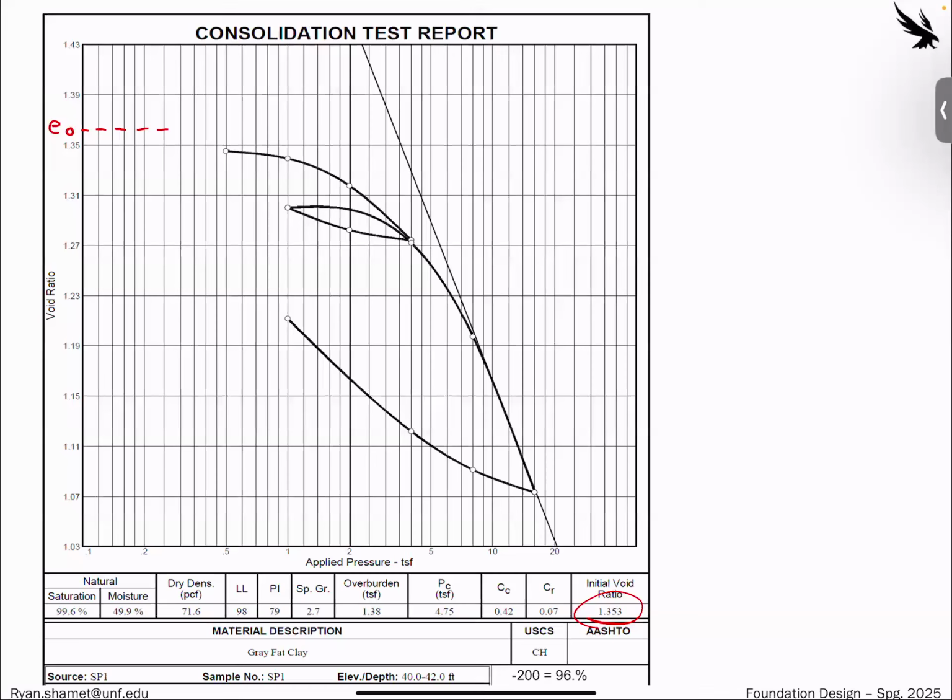And so you can calculate the CC right here. And then the CR is just kind of estimated through here.